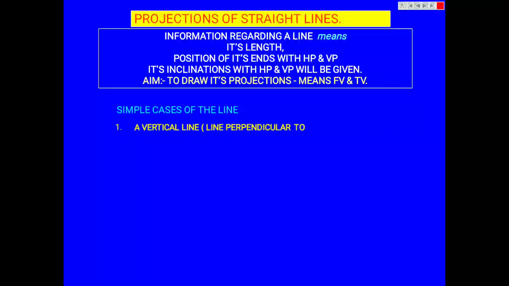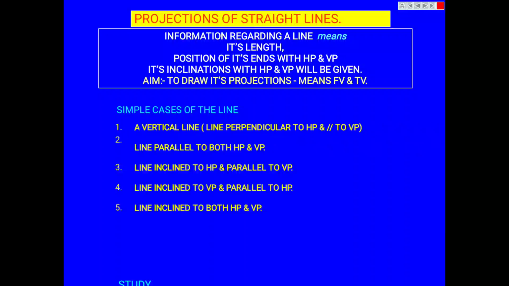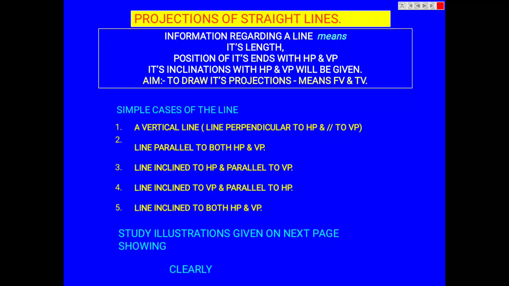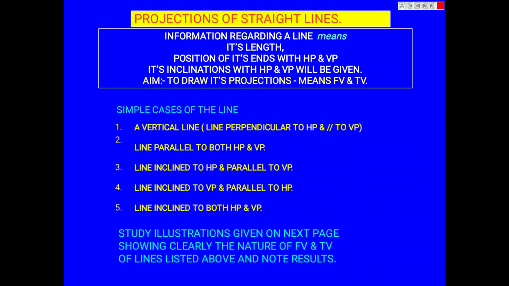So there are some simple cases of the line. Number 1, a vertical line, where the line is perpendicular to HP and parallel to VP. This is the first case.